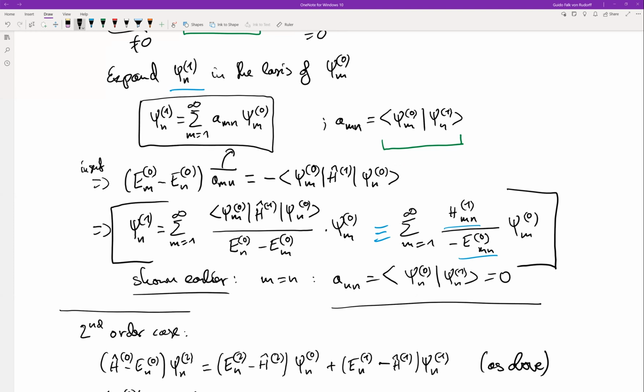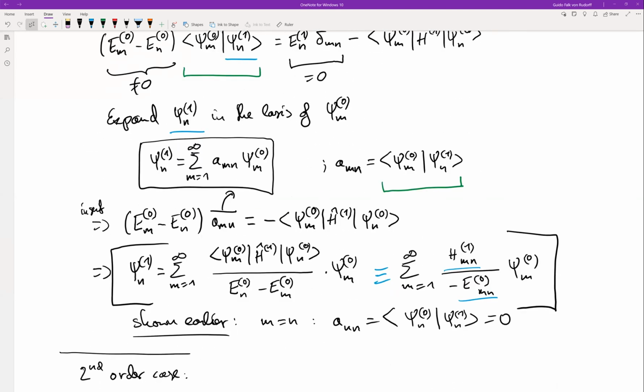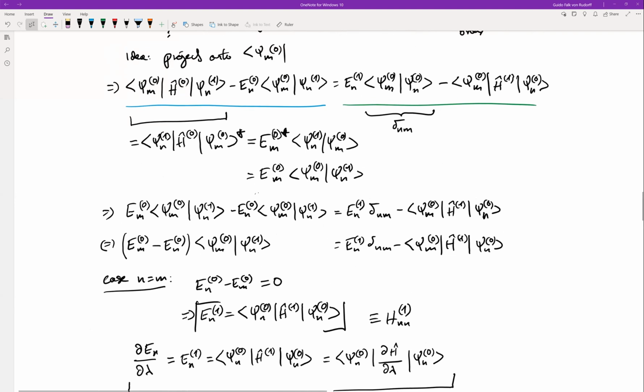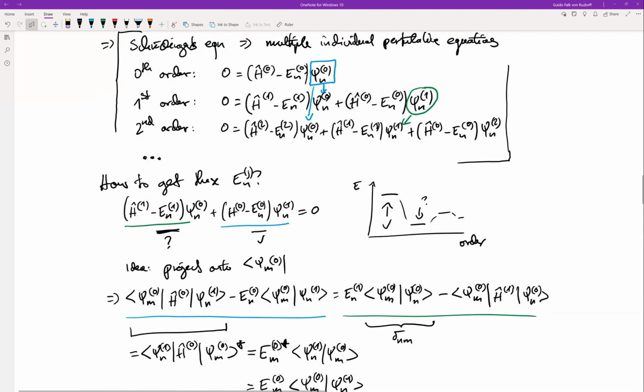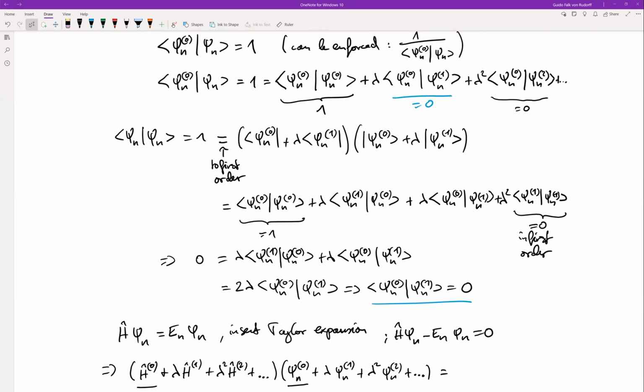There was the overlap between the first order perturbed wave function and the unperturbed one. I think we did that yesterday. Let me find where it is. I think it was before this. Here it is.